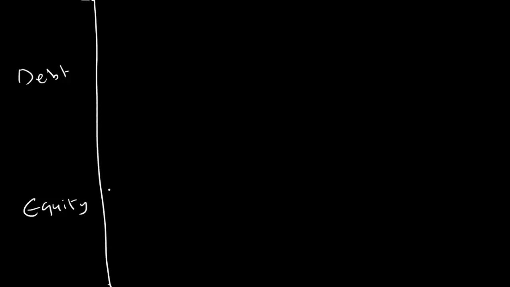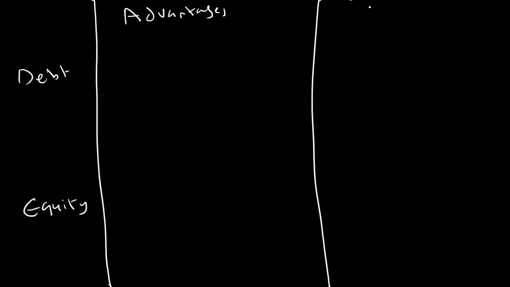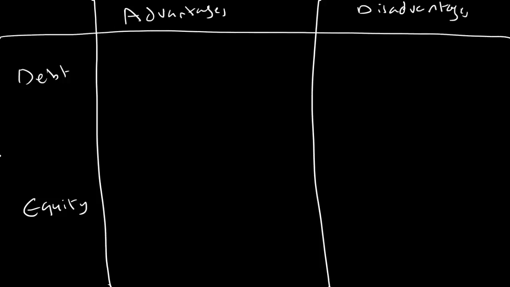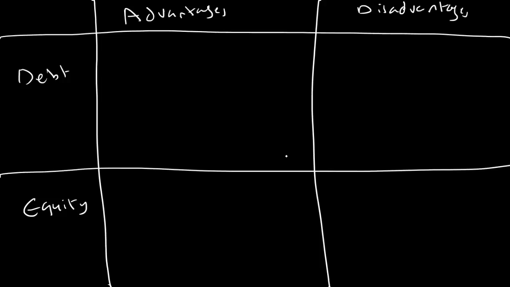Therefore, if I would like to compare between debt and equity, in terms of advantages and disadvantages, you will discover that the advantages of debt are the disadvantages of equity, and the disadvantages of debt will be the advantages of equity.